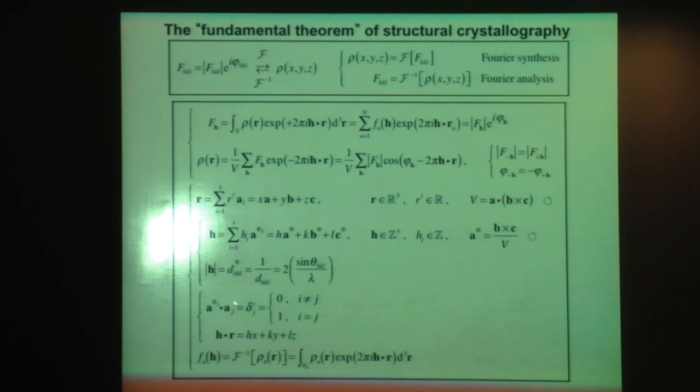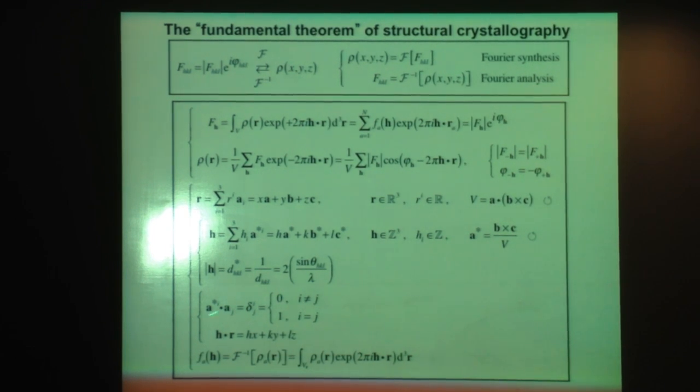That is, if I and j are different, so A star dot B or B star dot A, then we get a null result, 0.